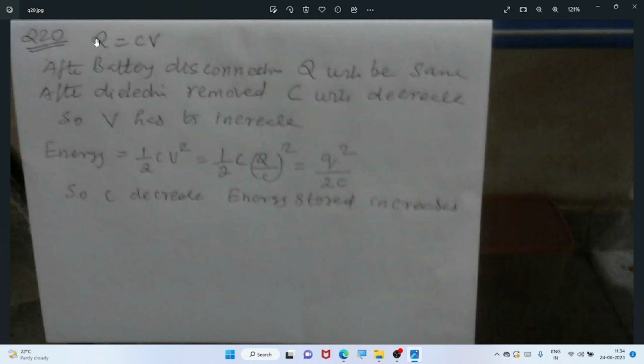Voltage will increase. Energy equals half CV square, C equals Q by V, so energy is Q square by 2C. So when capacitance is decreased, as it is in the denominator, the energy stored will increase, okay.